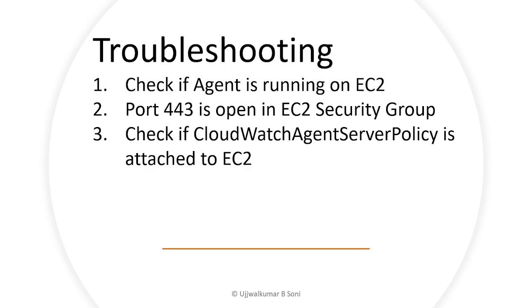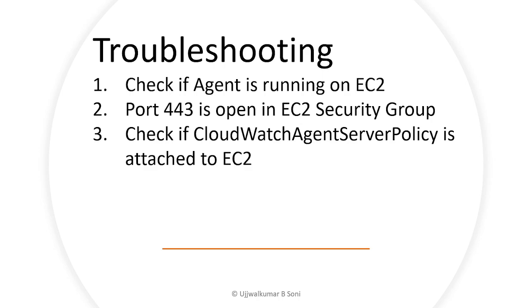Even if you configure your CloudWatch agent right and it is running successfully, if the metrics are not transferred to CloudWatch, like you are not able to see any metric from the CloudWatch agent in the CloudWatch dashboard, then the issue could be because of the security group.